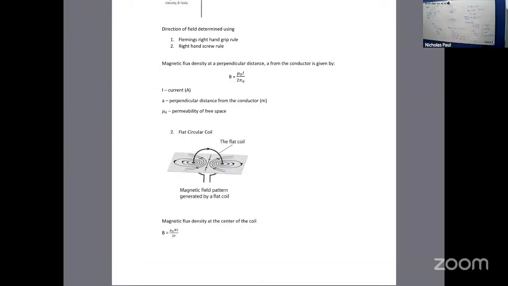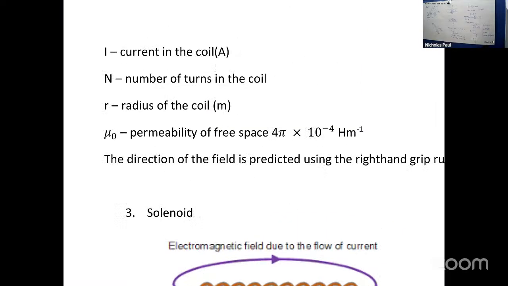Do you know what I and R are? R is the radius, I is current, and N is the number of turns.